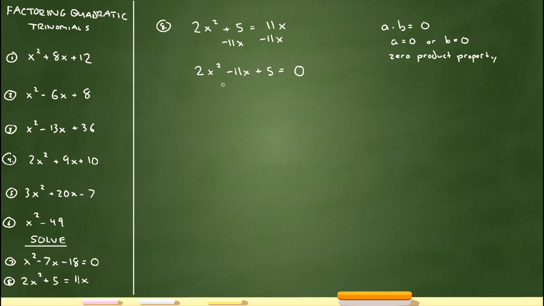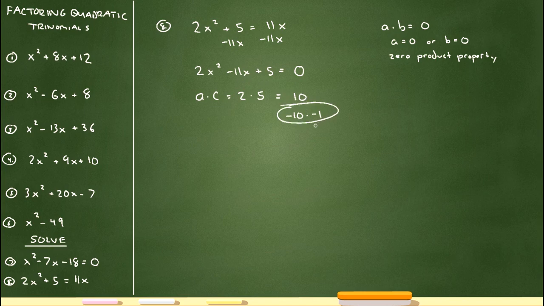So our diagonal product is a times c, which in this case would be 2 times 5, which is equal to 10, right? Now we want to take this diagonal product and find the factors of 10 that will sum to negative 11. In this case, negative 10 times negative 1 will equal a positive 10, and they also sum to negative 11.